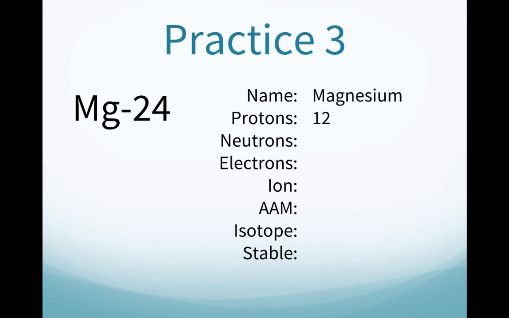There are 12 protons, because magnesium is number 12, 12 neutrons, because 24 minus 12 is 12, and 12 electrons, because there's no charge in isotope notation. This is not an ion. It can't be, because there's no charge in this notation. The AAM is 24.31. That rounds to be 24. That is the same, meaning not different, so it's not an isotope. If it's not an ion or an isotope, it essentially matches the periodic table.